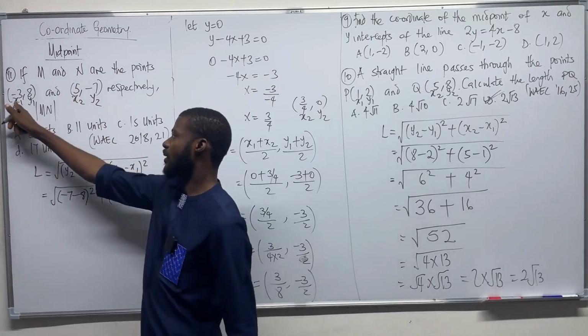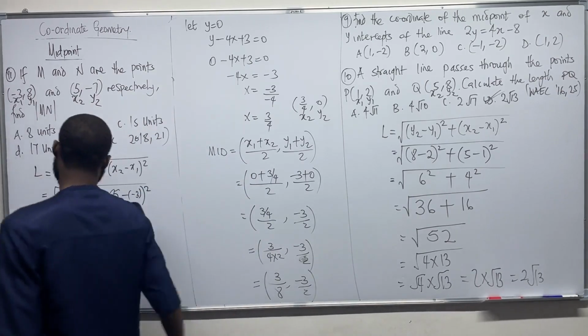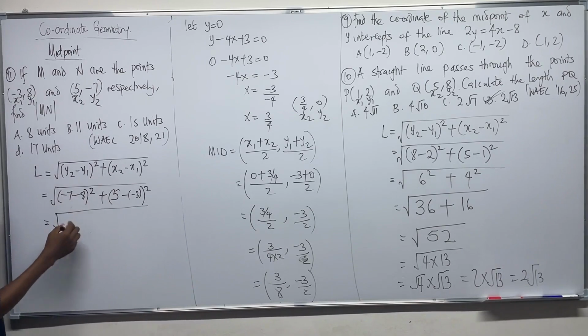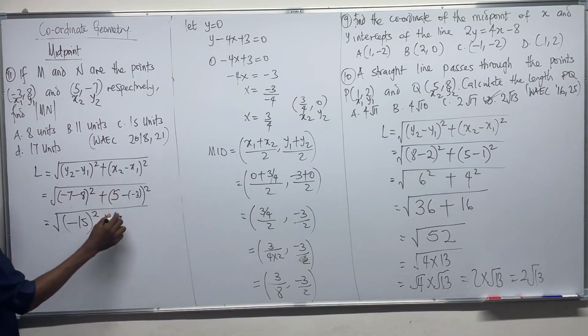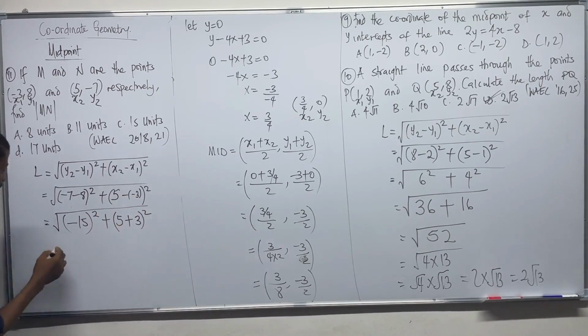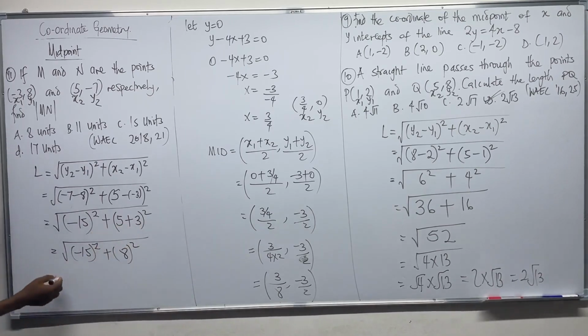Minus what is x1? x1 is minus 3. You have to be very careful here. So this becomes the square root of minus 7 minus 8 is minus 15, all squared. Then this is 5. Minus times minus is plus, all squared. So this is minus 15 all squared plus 5 plus 3 is 8. So this is 8 squared.